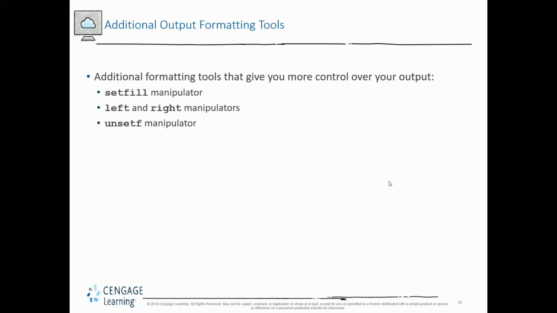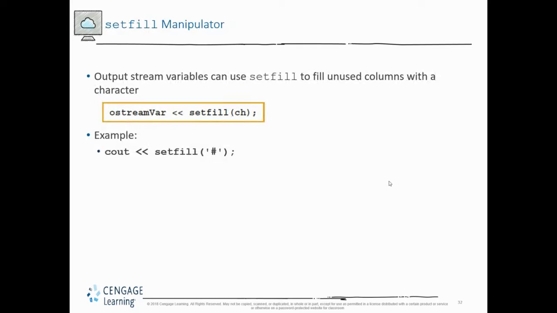But setfill is kind of cool, and it's easy to use because you get to do things with numbers. Here's an example. Output stream variables can use setfill to fill unused columns with a character. So ofstream file, remember this means output stream file. The output stream uses less than, like cout, okay? An istream would use greater than, because that would be input from the user, in other words, cin.